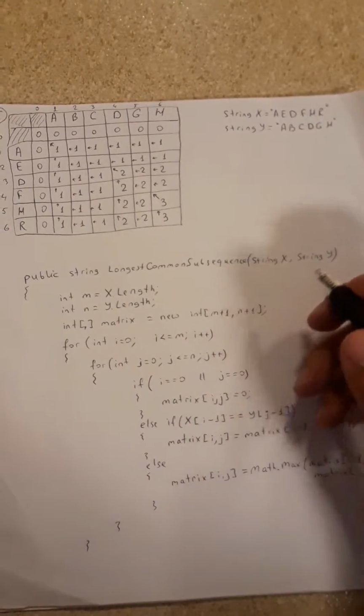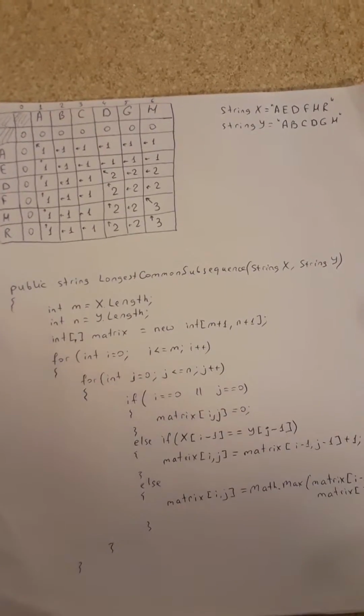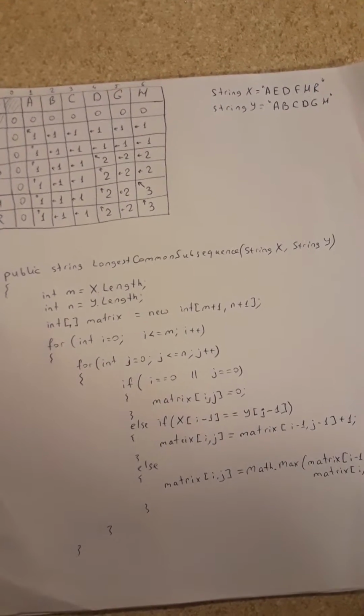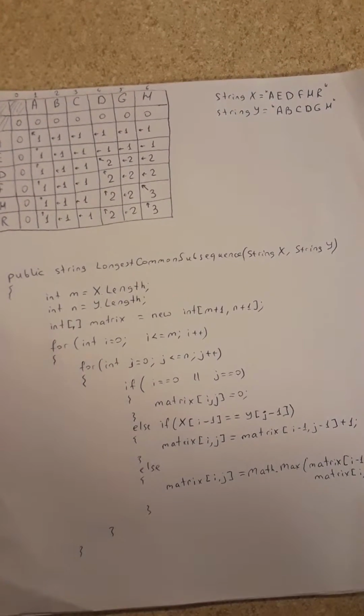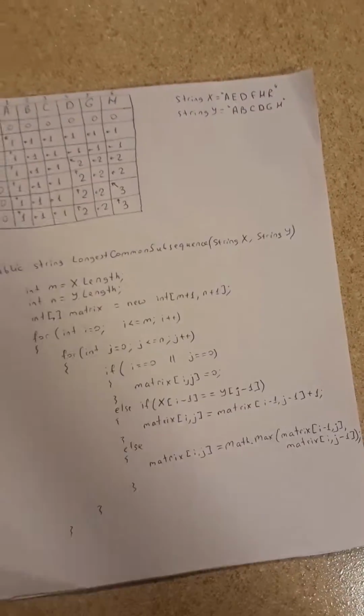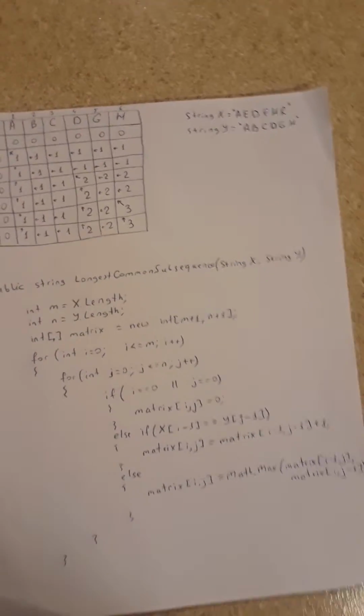It means that comparing two given strings, we need to find common letters, and the letters should be in a subsequence order, but the letters are not required to be in a consecutive order to each other. So what does it mean?